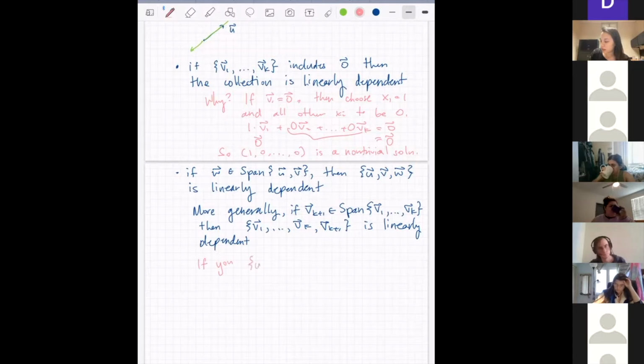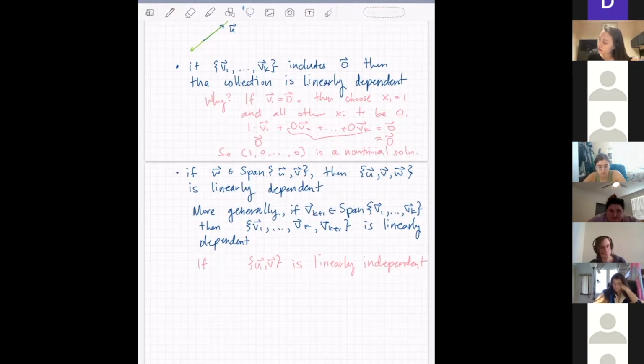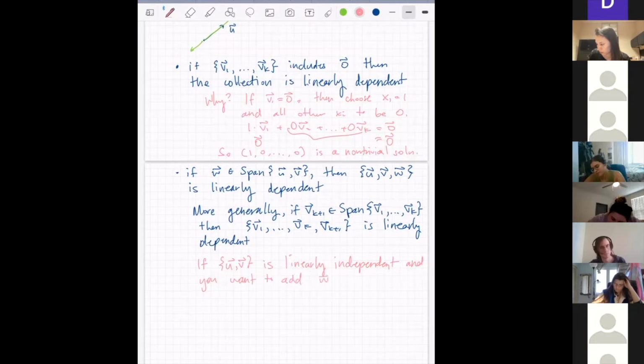If you have, say, two vectors u and v, and this is linearly independent, and you want to add a vector w and have this collection u, v, w still be linearly independent, then w must not be in the span of u and v.